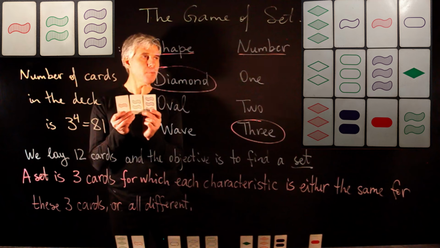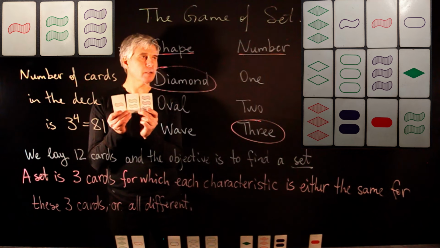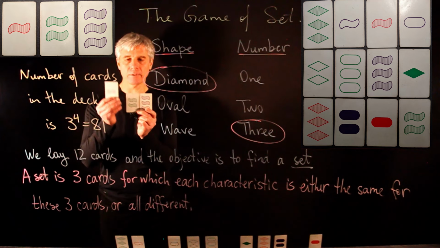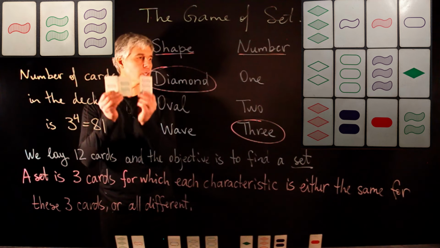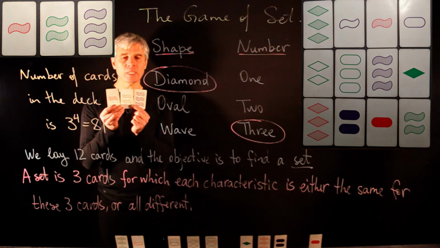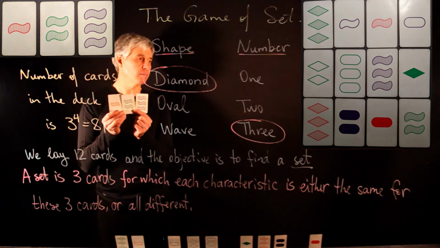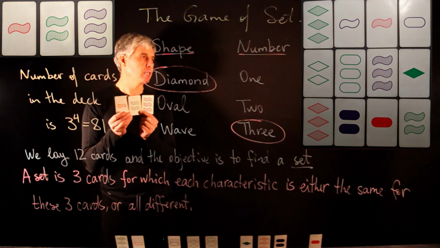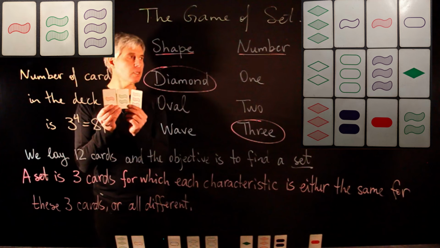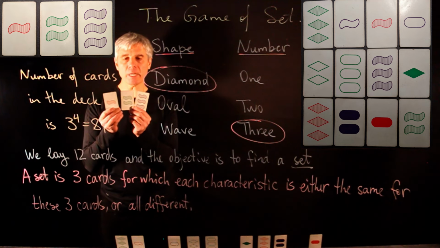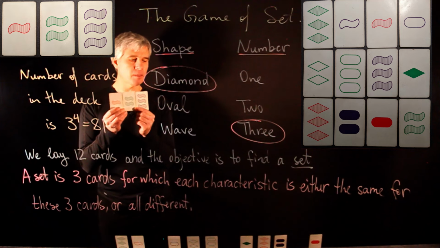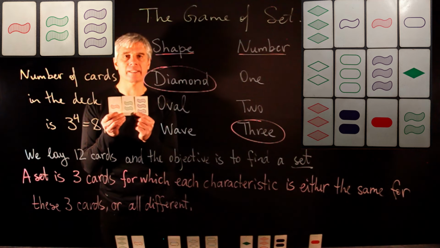Then for numbers, these 3 cards will all have different numbers. So we have a card with 1, a card with 2, and a card with 3. For shading, again, all of these three cards have the same shading. So they're all striped. And for color, all colors of these cards are different. So we have red, green, and purple. So this means that these three cards will form a set.